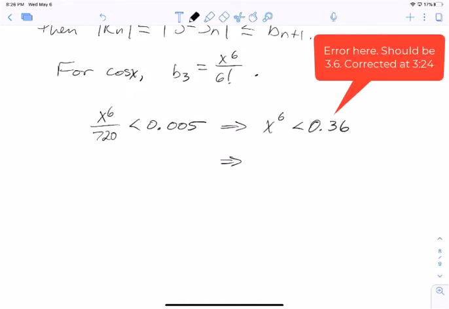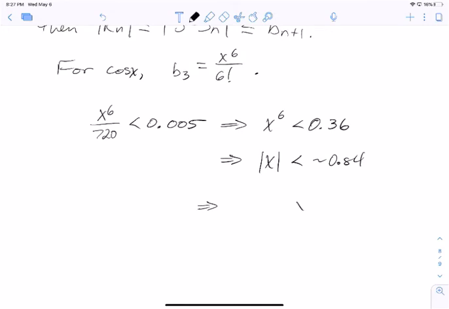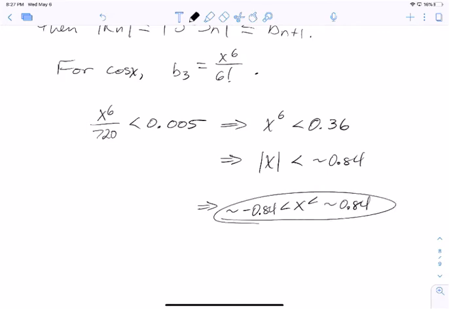Taking the 6th root of both sides gives us that the absolute value of x is less than approximately 0.84. We did take an even root on both sides, and that's why the absolute value. That will give us an interval for x of approximately negative 0.84 to approximately 0.84, and that answers the question.